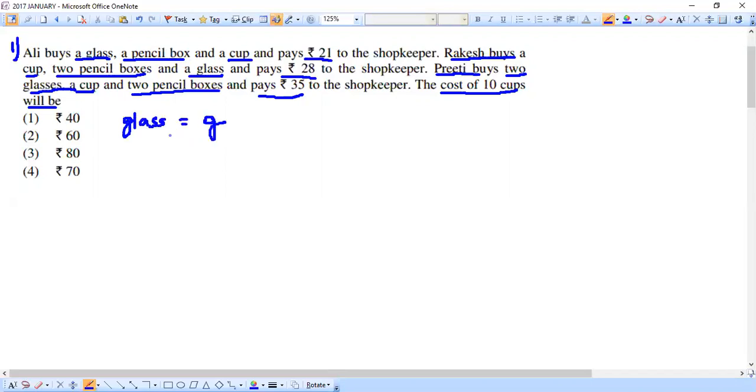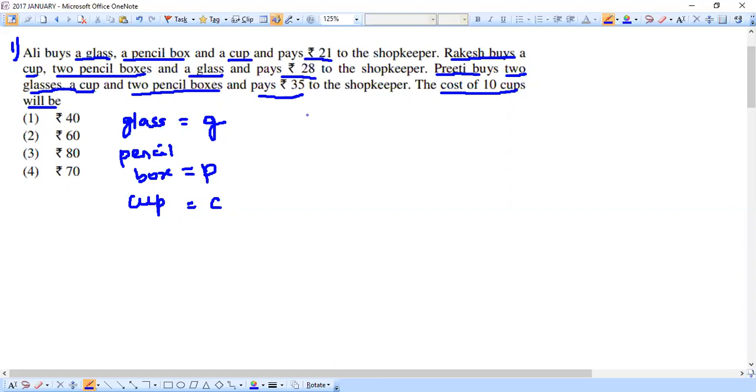And then for the pencil box, we will just have the variable to be P. And we have one more, a cup, and the cost of the cup we will just assume to be C. This would be very fine for us because we are just taking the starting letters itself. It would be very easy for our assumption. And now we go set the equations.